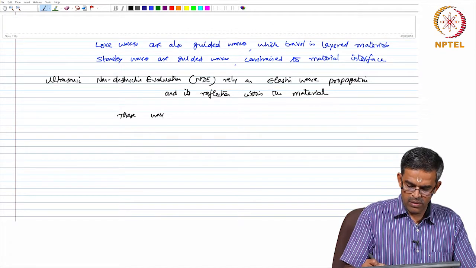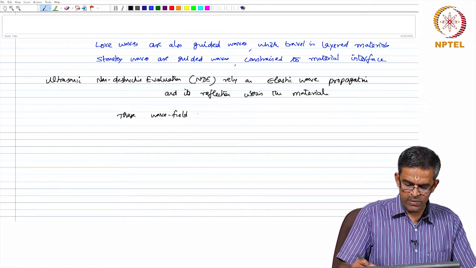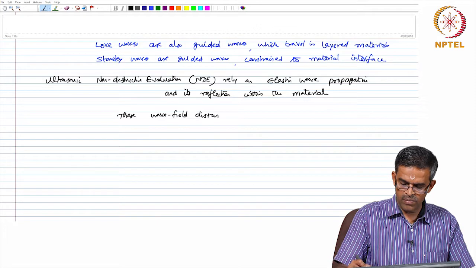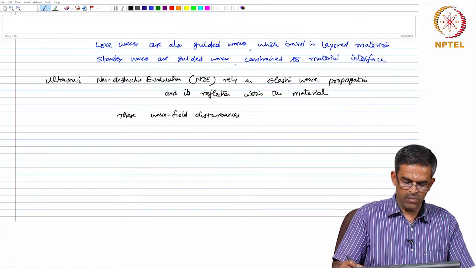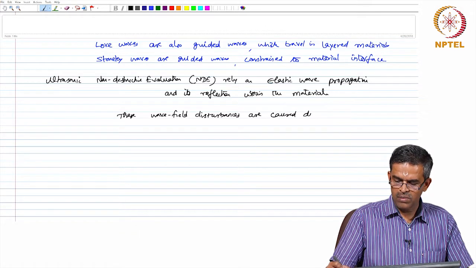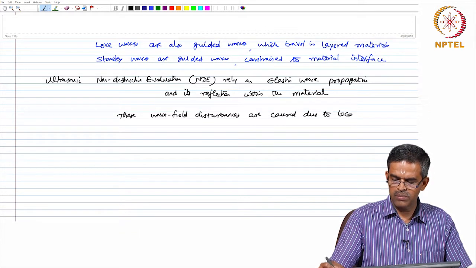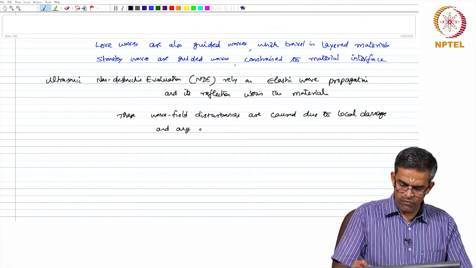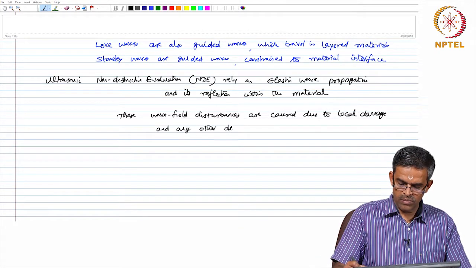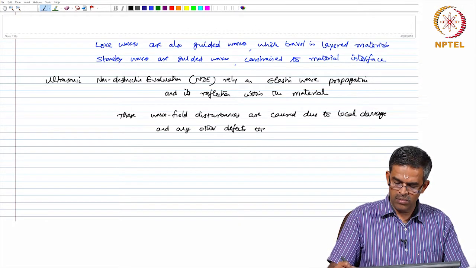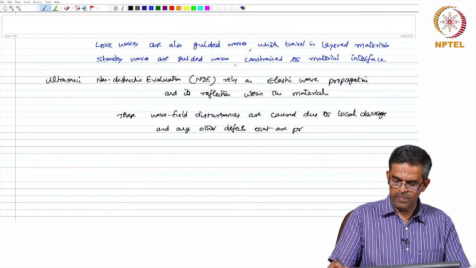These wave field disturbances are caused due to local damage, any other defects that are present.